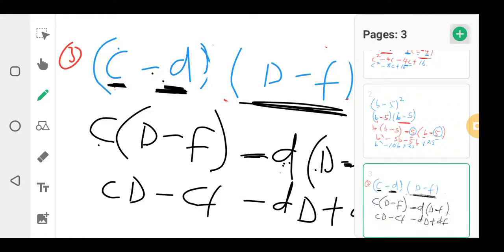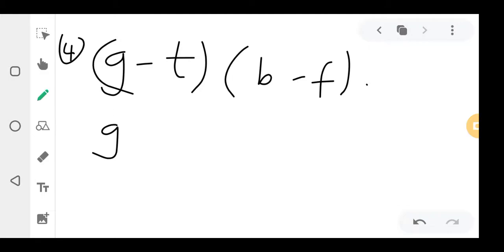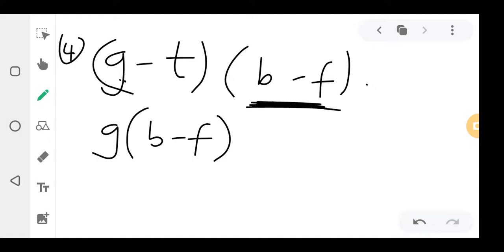So this same thing applies to all questions. All questions, (g minus t), (b minus f). You see, the same thing. You bring your g here, this is question 4. You bring your g there, you multiply it with what? (b minus f). You see, you bring this letter g, you multiply it with everything here. Again, what comes here is minus t. So you bring this side minus t.